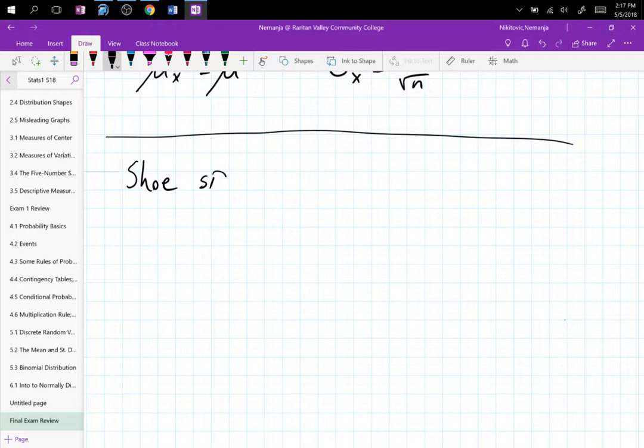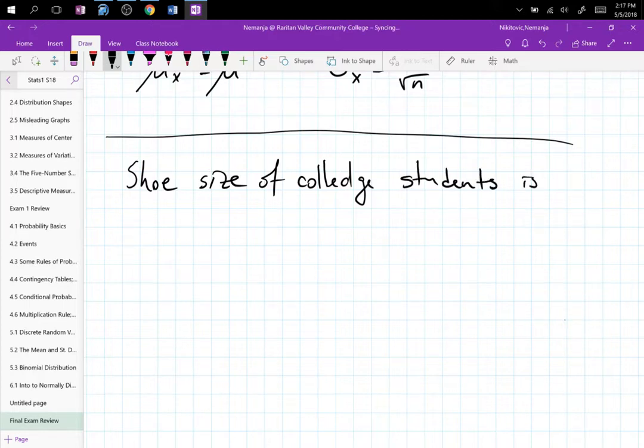Shoe size of college students. The average shoe size of college students is known to be, let's say, 8.3.